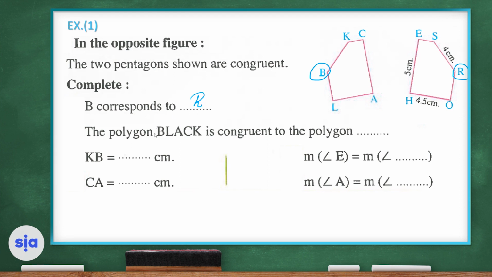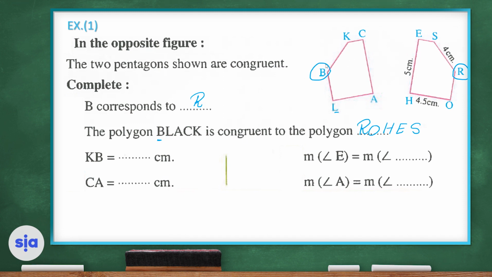So we go by order. B corresponds with R. L corresponds with O. A corresponds with H. C corresponds with E. And K corresponds with S.